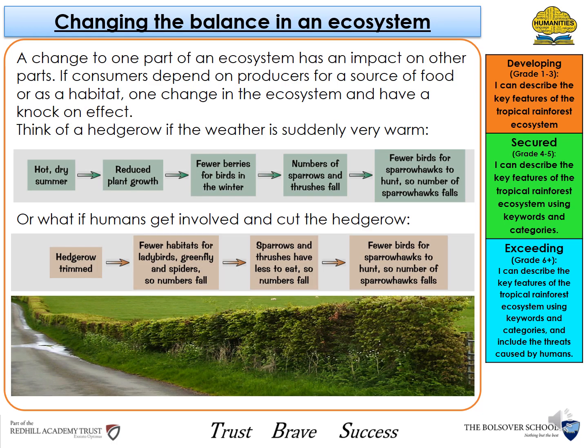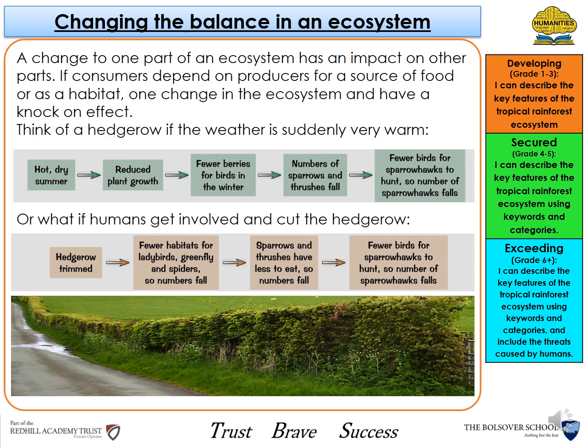Okay, now the next thing we needed to think about was things that could happen naturally or be caused by humans that could affect the ecosystem. For example, if you have a hot, dry summer, then the producers won't grow as much because they need water as well as sunlight to grow.